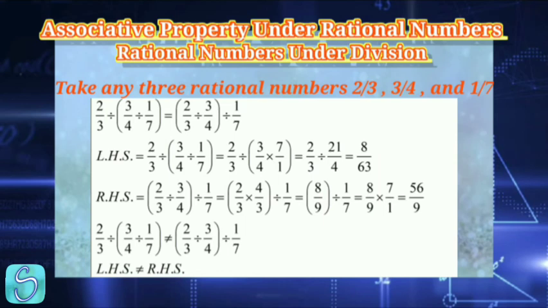2/3 ÷ (3/4 ÷ 1/7) is equal to 2/3 ÷ (3/4 × 7/1), which is 2/3 ÷ 21/4, which is 2/3 × 4/21, which is 8/63. So (2/3 ÷ 3/4) ÷ 1/7 is unequal to 2/3 ÷ (3/4 ÷ 1/7), LHS and RHS are unequal.